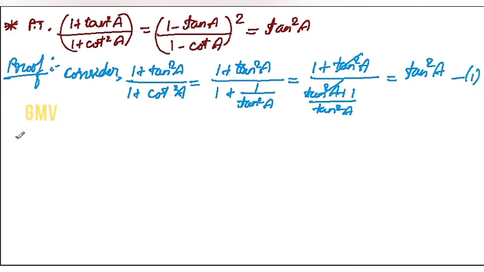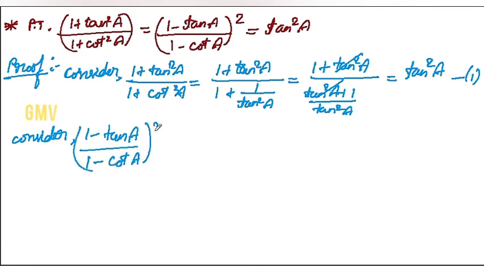Now I will consider the second one. Consider 1 minus tan A by 1 minus cot A whole square is there.